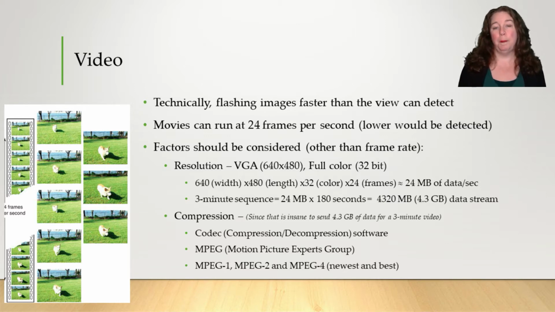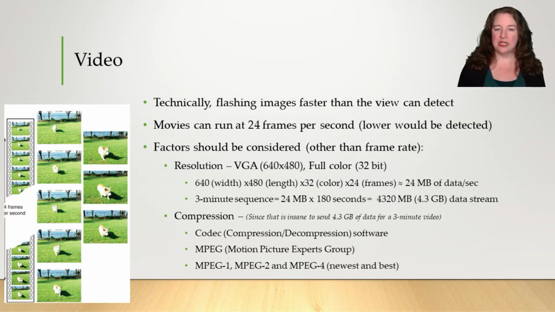When you think about what else is considered other than the frame rate itself, we can think about the resolution. So a little bit of math for a second. If we did full color VGA, which is 640 by 480, which is not very high quality, it's okay quality, but it's not great, and we did it in full color, full color uses 32 bits.